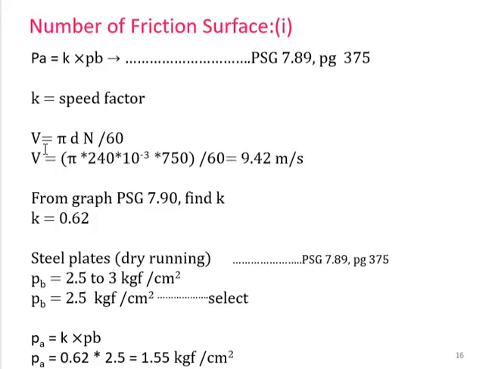When I try to find out the speed, it is pi D N by 60. The diameter is 240 mm overall diameter. The speed is 750 rpm. The speed of the clutch with which it rotates is 9.42 meters per second. From the graph given in PSG 7.90, the k factor turns out to be 0.62, which is dependent on the clutch speed.